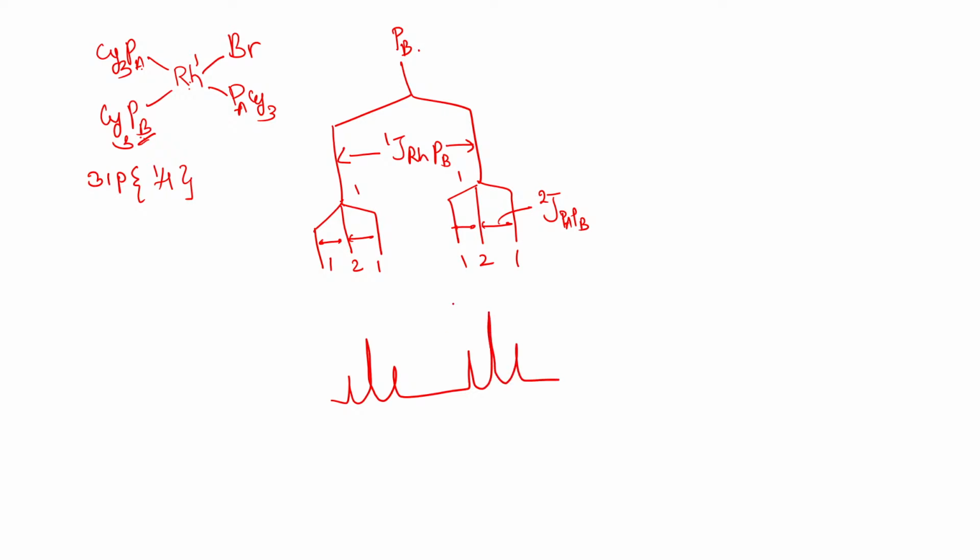Okay, this is for PB. Now we will go for PA. PA also same way, these two will couple first with rhodium. There may be a little bit of change in the magnitude of rhodium to phosphorus coupling.